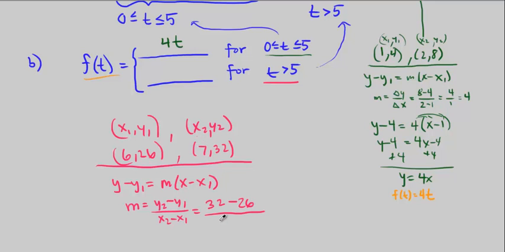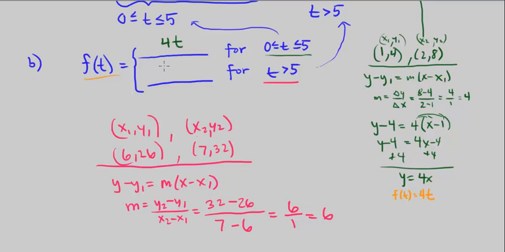My x2 is 7. My x1 is 6. Oops, let me just fix this. Minus 6. Okay, so 32 minus 26 is 6. Over 7 minus 6 is 1. And I get 6 as my slope. Just as I kind of guessed, right?